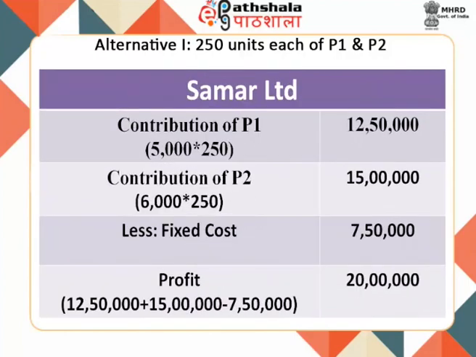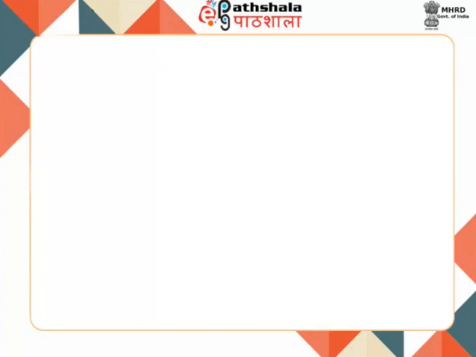We have contributions of rupees 12 lakh 50,000 and 15 lakh for P1 and P2 respectively. Now adding the contributions of both the products and subtracting the fixed overhead of 7 lakh 50,000, we get a profit of 20 lakhs.